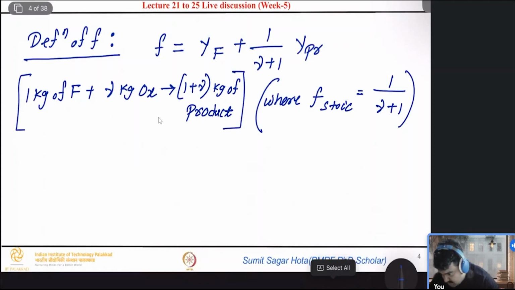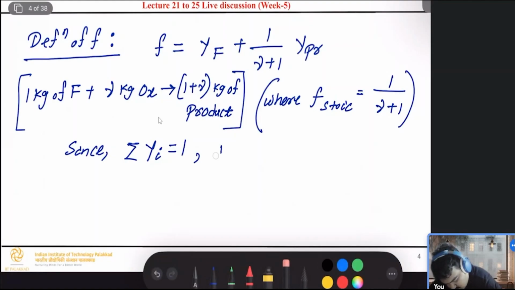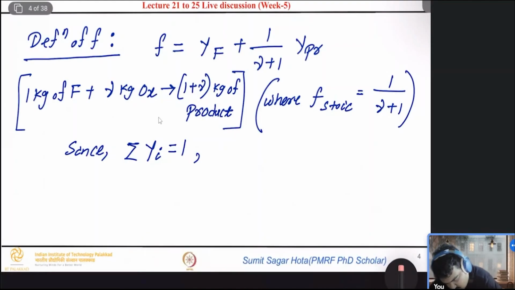We know that since the summation of Y_i is equal to 1, Y of product is equal to 1 minus Y of fuel.